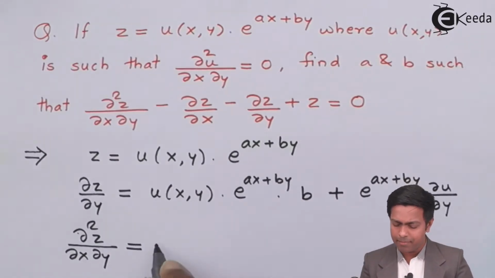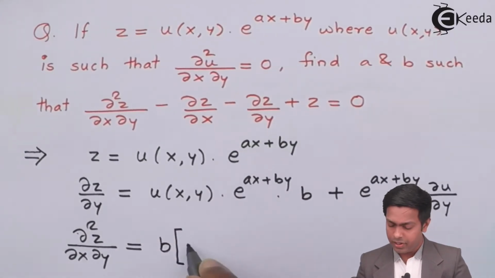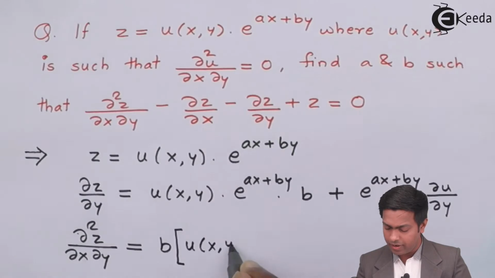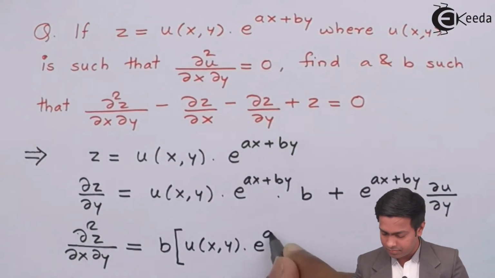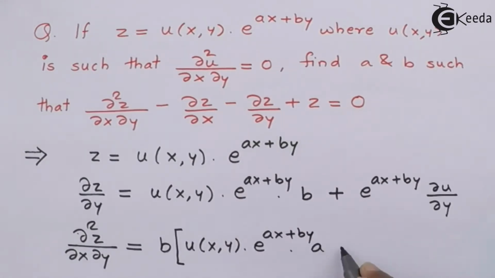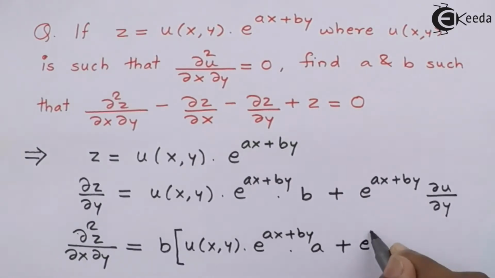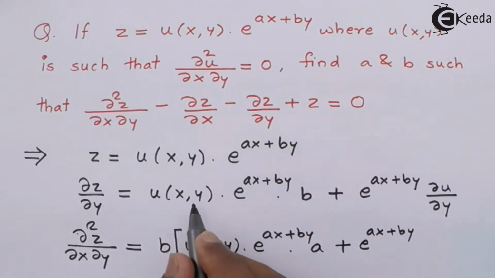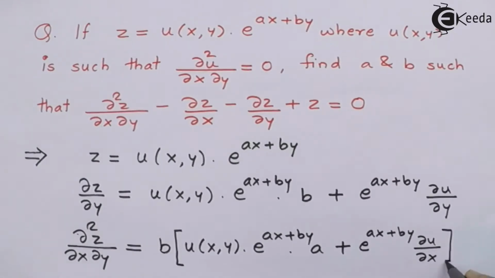So b is as it is, and here if I apply the product rule we will get u of x comma y as it is, and the derivative of this with respect to x partially is next, plus, now I'll keep this term as it is, which is e to the power ax plus by, and the derivative of the function u with respect to x is del u by del x. So this is the value.